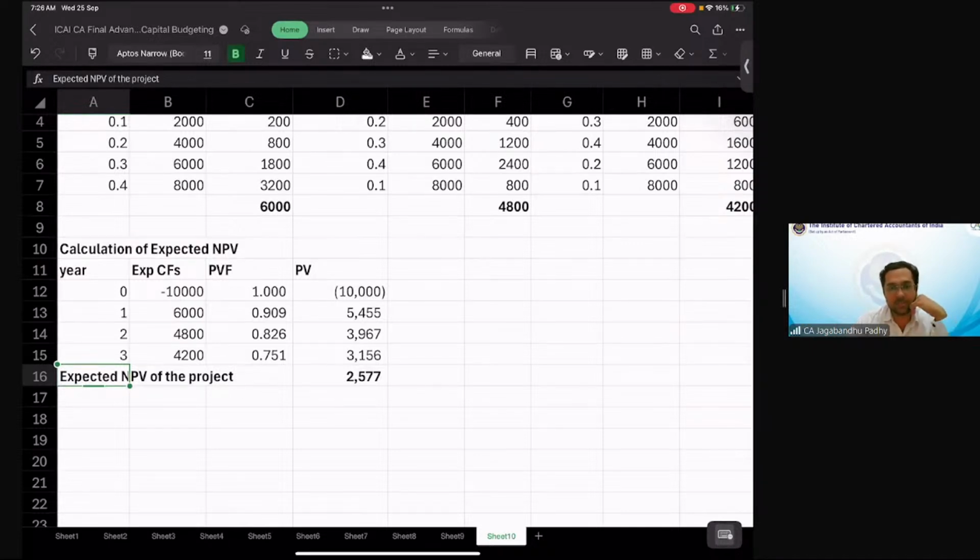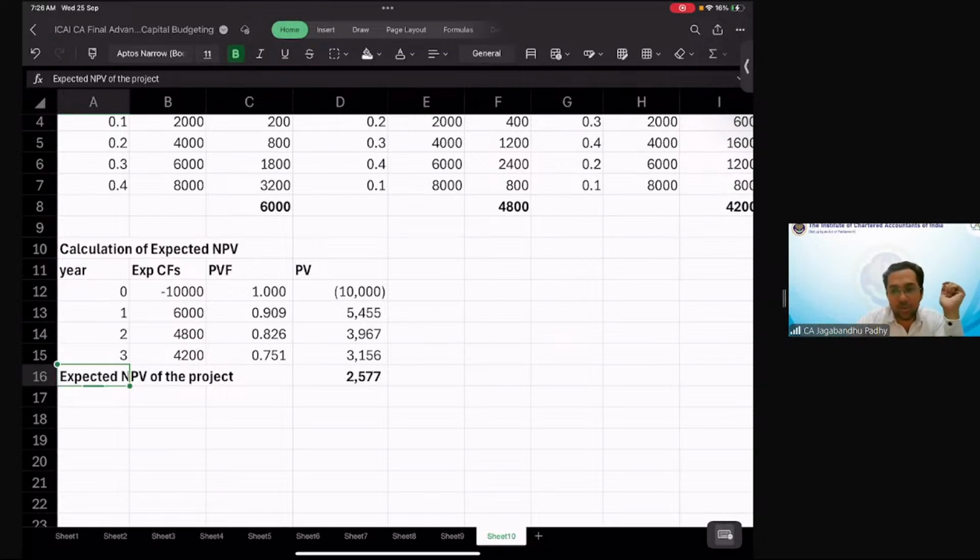Very simple, guys. Correct? Simple? Yep. Perfect. So we have done expected NPV for a single year, expected NPV for multiple years.